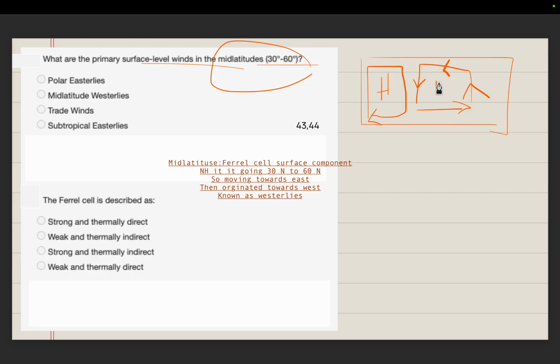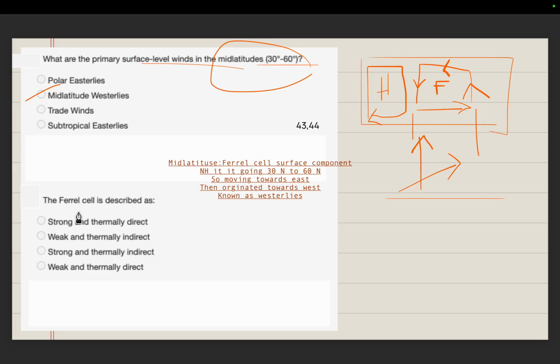So in the northern hemisphere it will go from low to high, in this direction, but it will bend towards its right. So this is known as the westerlies.